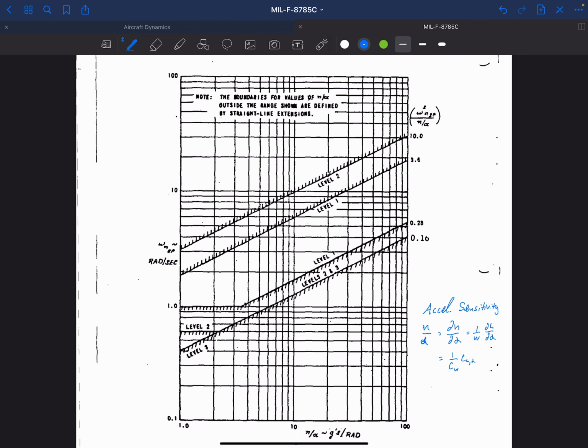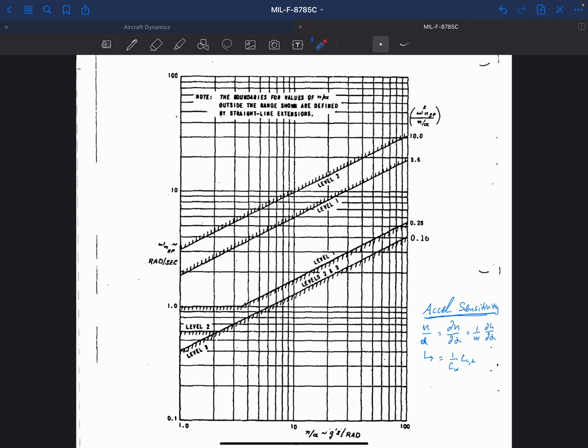Okay, so CL alpha over CW. This is the same thing. Okay, acceleration sensitivity. So that's what they've got here on the x-axis. That's the acceleration sensitivity, and the units for that are G's per radian. Okay. And then on the y-axis, they've got the undamped natural frequency of the short period mode.